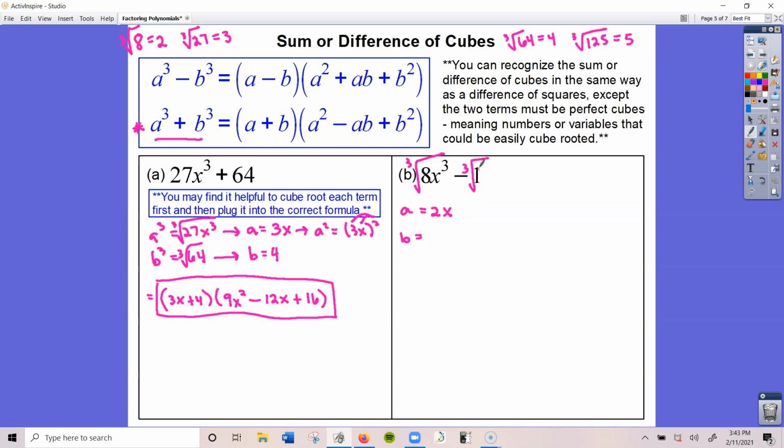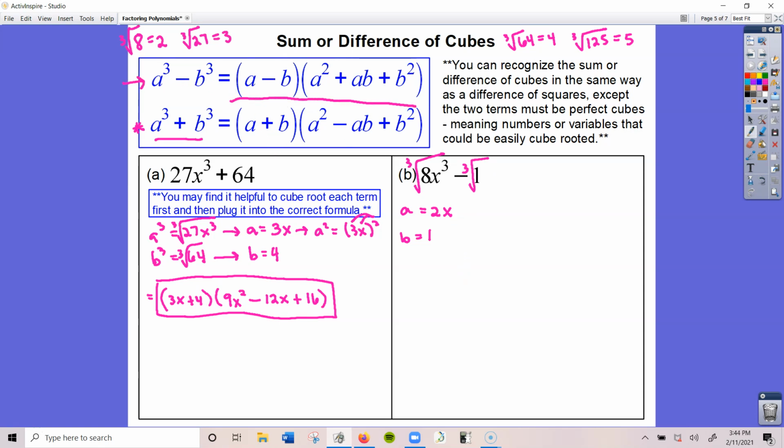Now the cube root of 1 is just 1, because 1 times 1 times 1 is 1. 1 is a very easy number to square root or cube root or fourth root, because no matter what, 1 times itself an infinite number of times is just 1 anyway. So now we got to put it in this format.